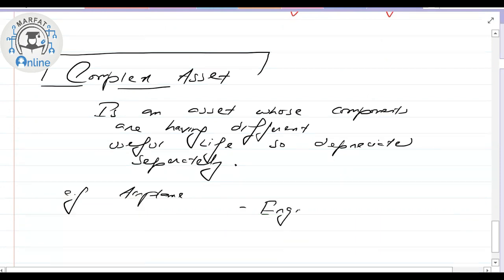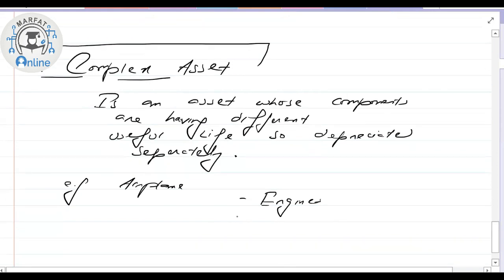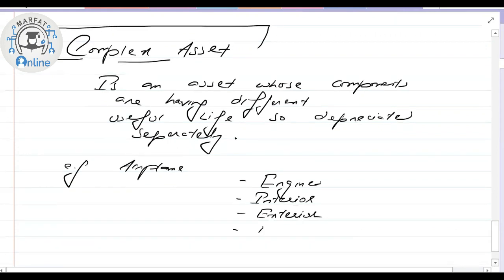Engines, there are two engines, for example, so having separate life: primary engines, secondary engines, and interior, exterior, navigations, etc. So when you have the plane, the aeroplane, it's a complex asset.